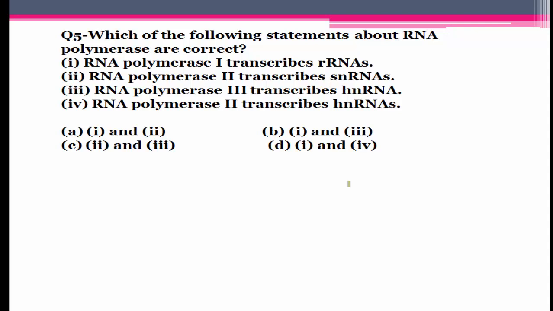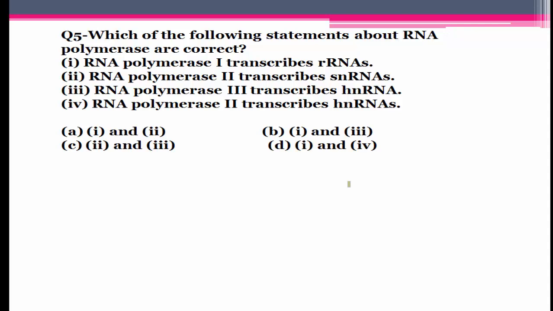RNA polymerase 1 transcribes the synthesis of rRNA, it is correct, and RNA polymerase 2 transcribes heteronuclear RNA. mRNA in case of eukaryotes is hnmRNA, that is heteronuclear mRNA, because the transcription is taking place inside the nucleus.